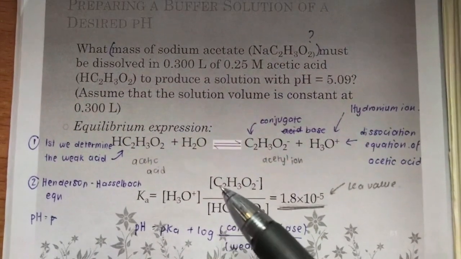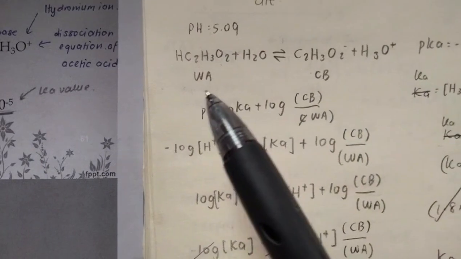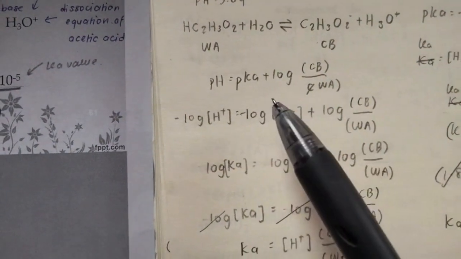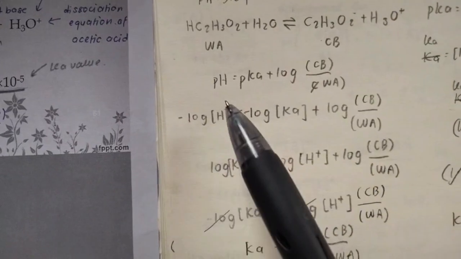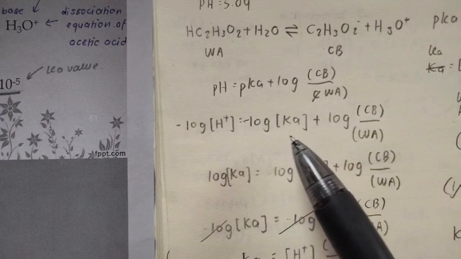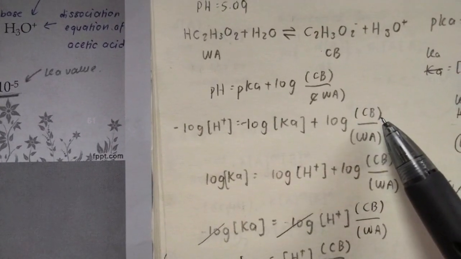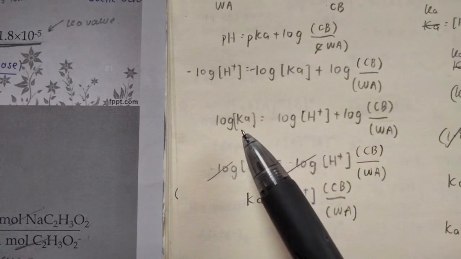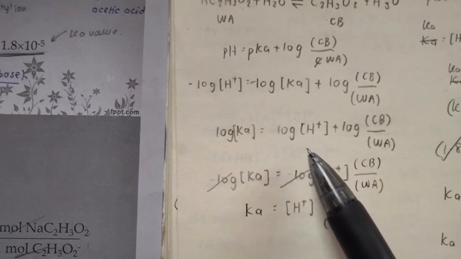How does this formula become like this? From this equation, this is the weak acid, this is the conjugate base. We know that pH equals negative log H plus, pKa equals negative log Ka, plus log conjugate base over weak acid. We rearrange it: log Ka goes to the front, log H plus goes to the back.